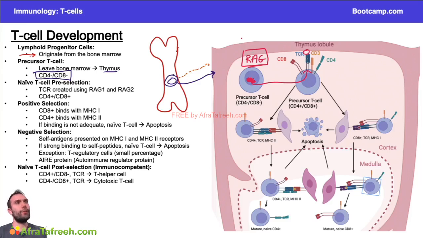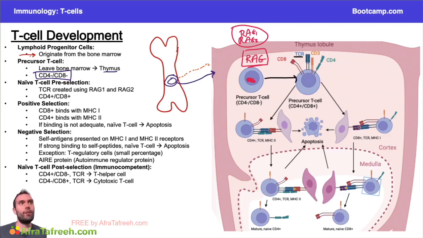And so the two big recombinase genes, like we said, are RAG1 and RAG2, which are going to be stimulating this recombinase process to eventually lead to the development of the T cell receptor. Now, remember what I said, you do have to keep in mind where's CD8, where's CD4. And you can see here that this precursor T cell, after it comes into the thymus, is going to have that recombinase gene causing the formation of a T cell receptor.